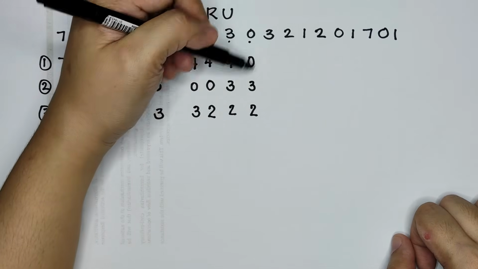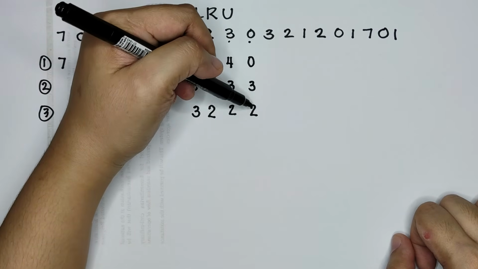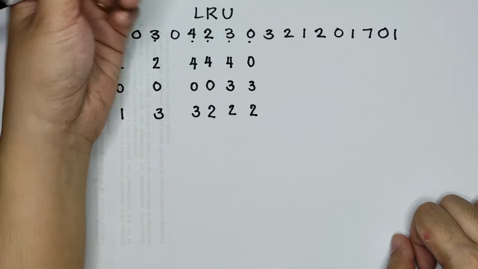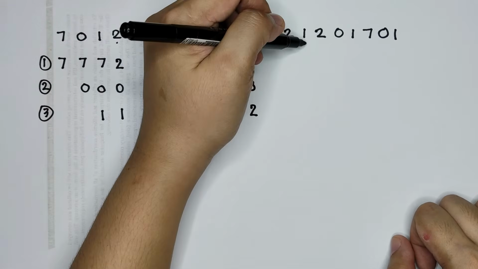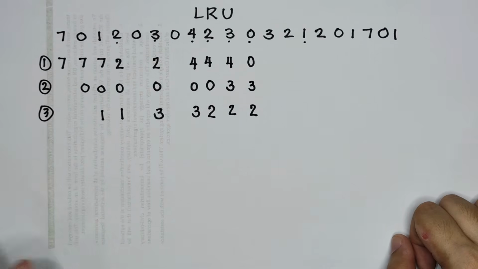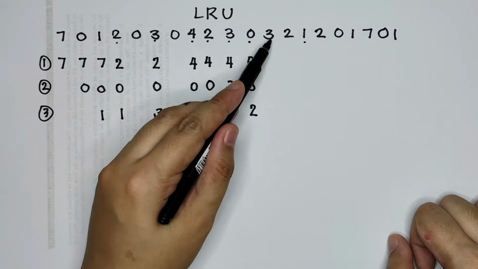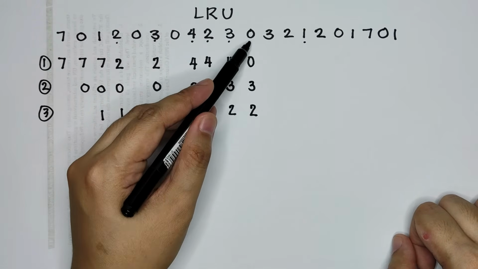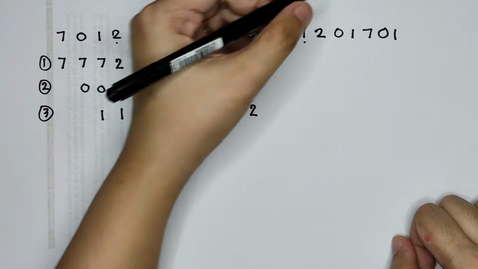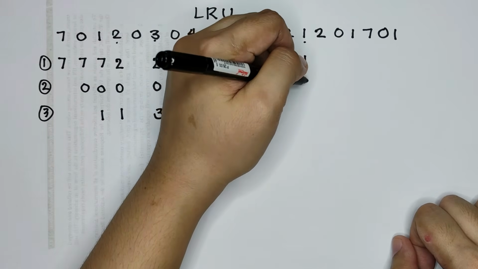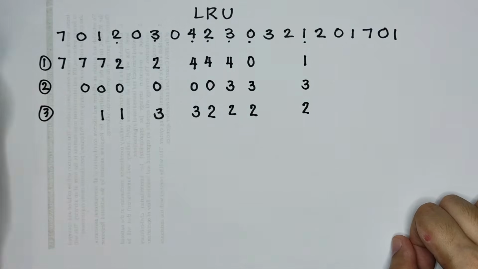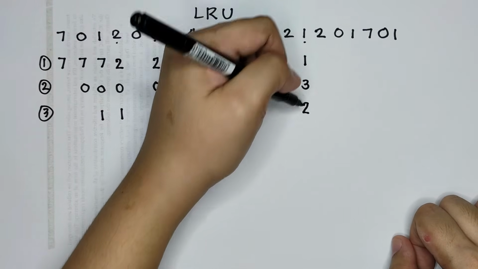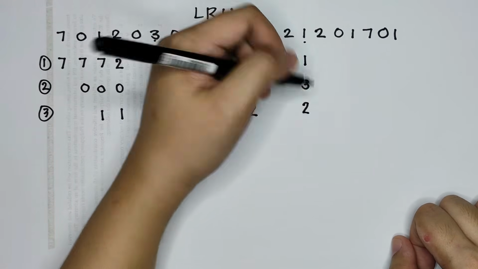Okay, so 3 is already inside, 2 is already inside in the page frames. So next is we have 1, which is not yet included in the page frame. So our value now is 032. Since 0 is the least recently used, replace it with 1 and then just copy 3 and 2. Okay, so 2 is already inside, so let's just skip it.